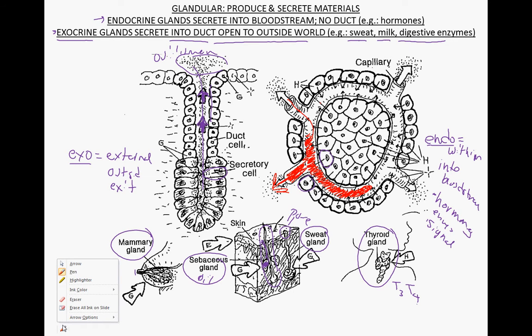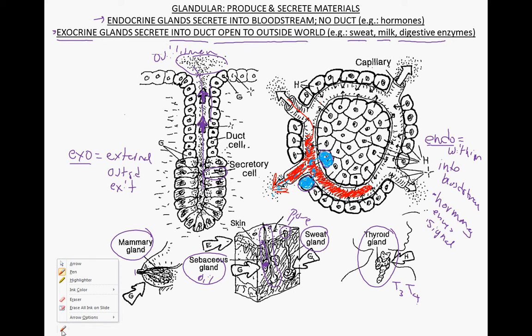So this is the epithelial cell here, and the secretions from these are ending up in the bloodstream. That's what all these light blue dots are. So the hormone would be produced by those. So endocrine gland: secretions directly into the bloodstream. Exocrine glands: into a duct that's open to the outside world.